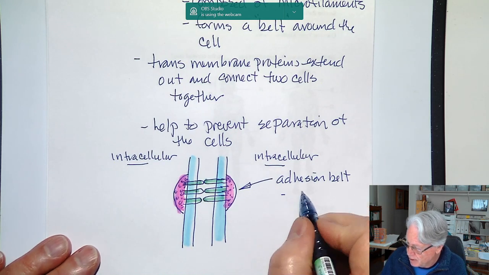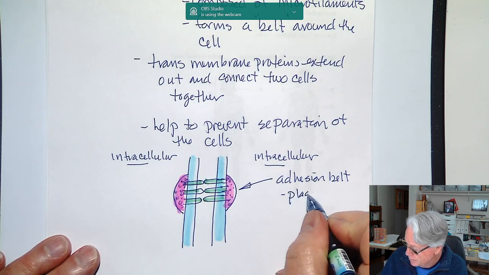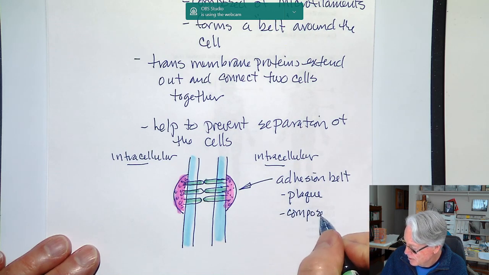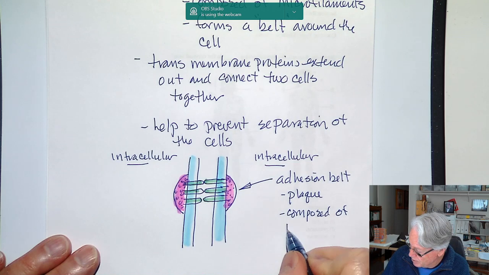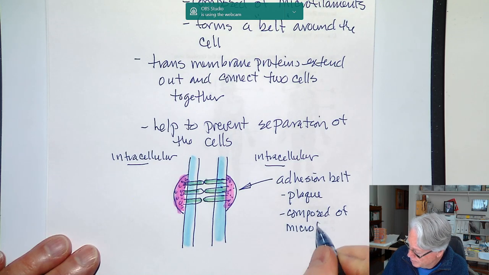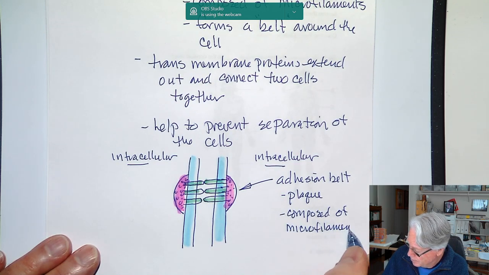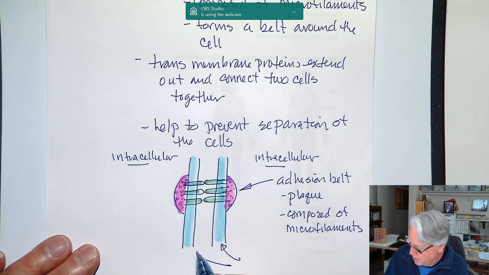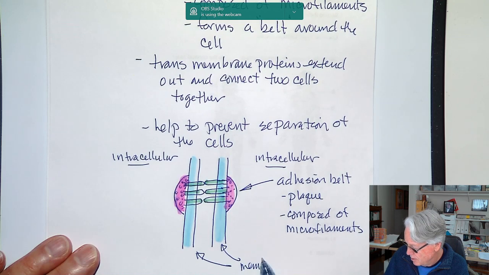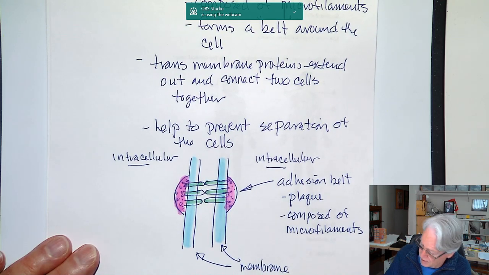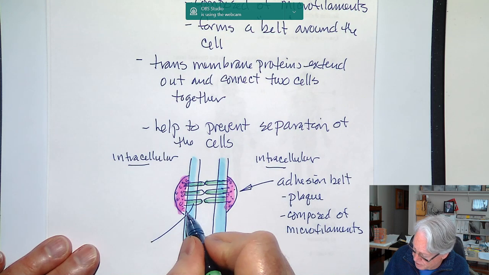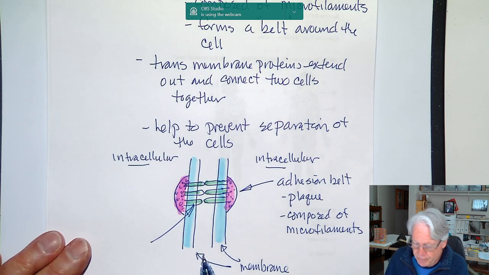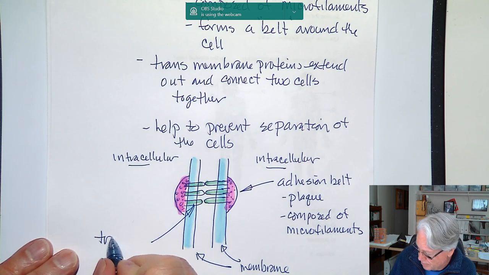And this is a plaque. And it's composed of microfilaments. Okay. We have our membranes. And then we have our transmembrane glycoproteins.